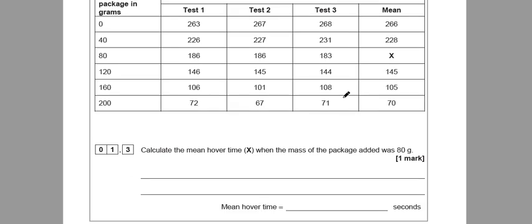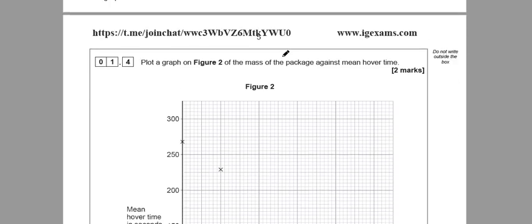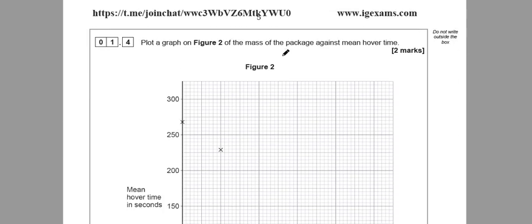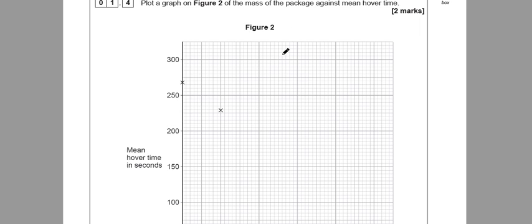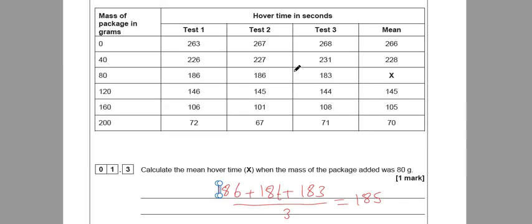The results will be... Plot a graph of mass against time, from the second point, so from 80 to 200. So 80 on x with 185 on y.